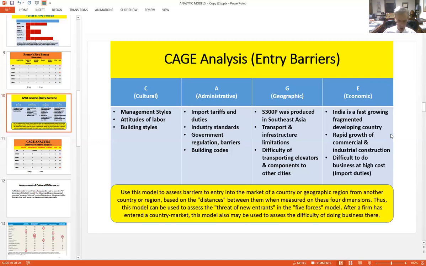And so Ghemawat really did us a favor by identifying these main factors. There are others. Ghemawat has talked about them, but these are the 4 basic ones. And so I urge you, especially if you're in my international business course, to do a CAGE analysis. I think you'll find it very informative.